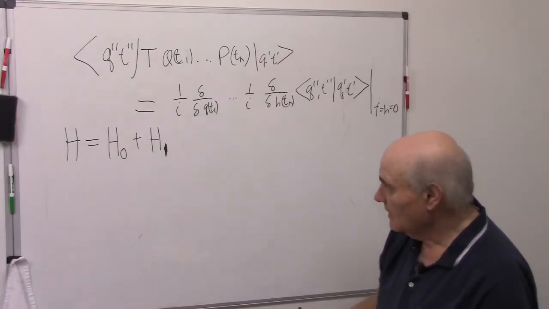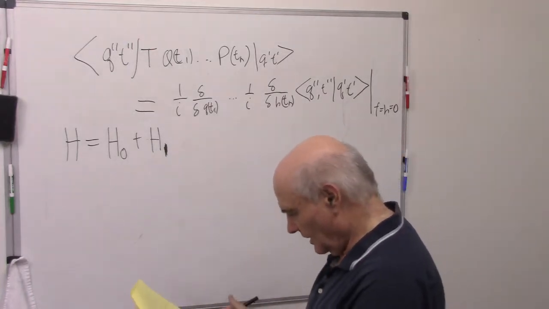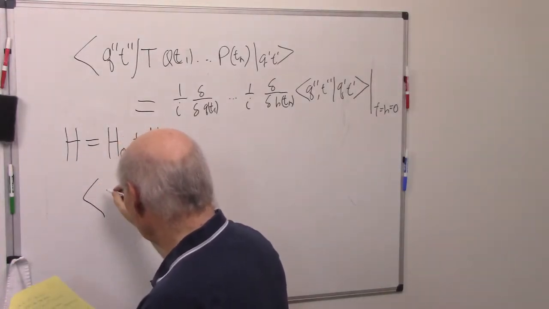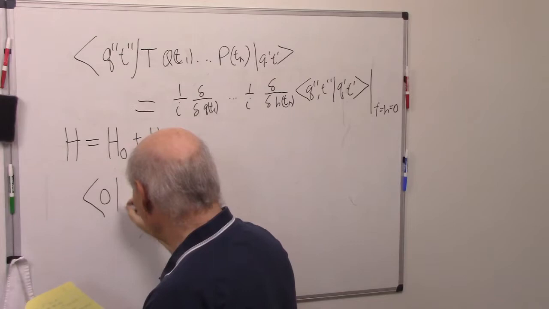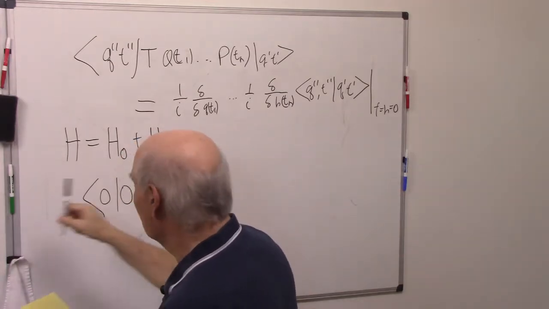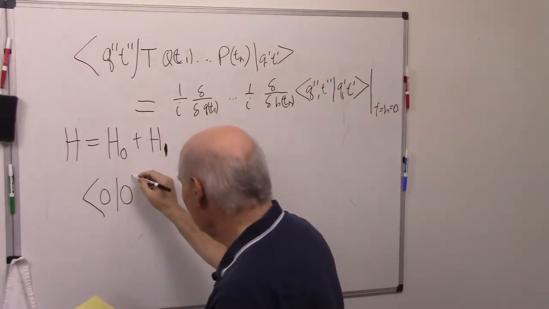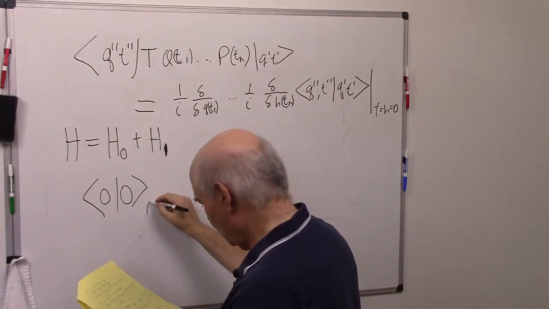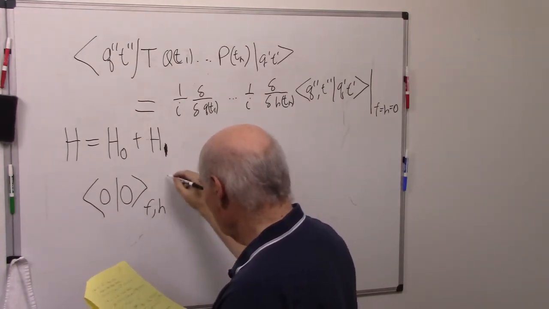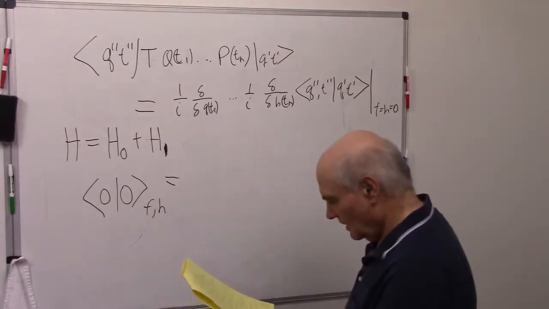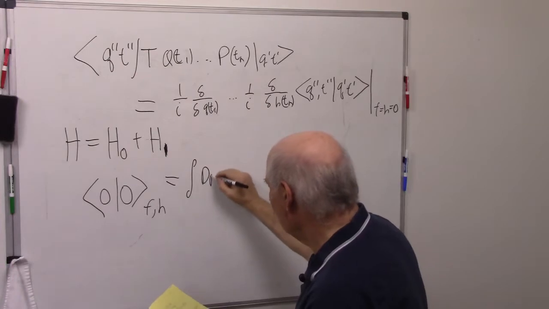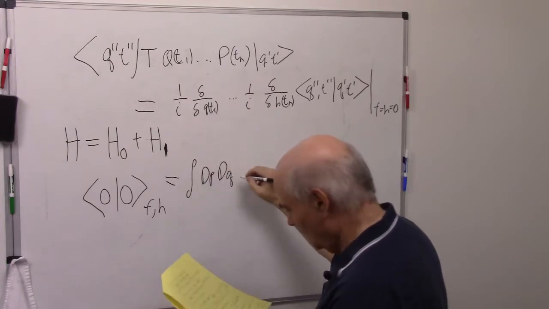And so then what we do is we compute, I'll explain in a second why I'm using the vacuum here instead of coordinates, the vacuum to vacuum transition amplitude. And this is equal to the integral dp, path integral.